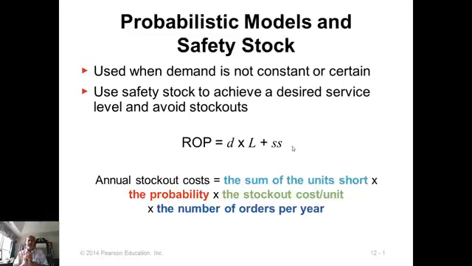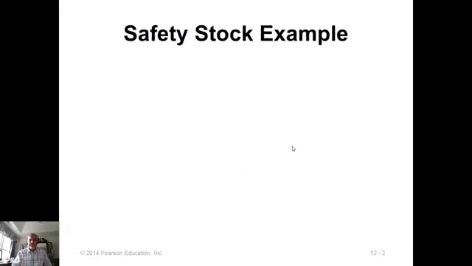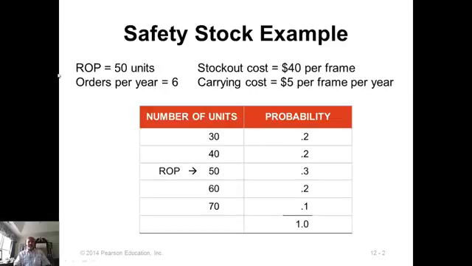The first scenario is if the demand follows a discrete probability distribution. For example, something like this. The demand during lead time can be only one of these: 30, 40, 50, 60 or 70, and there is a corresponding probability for each of those demands.